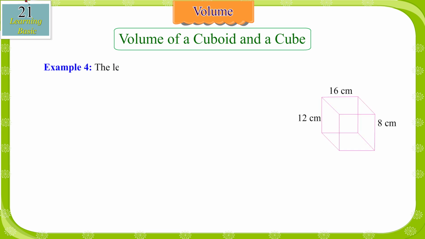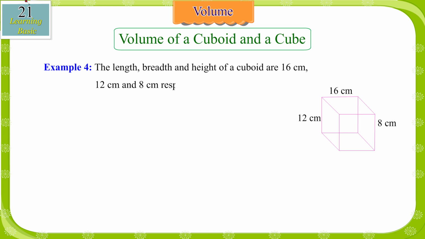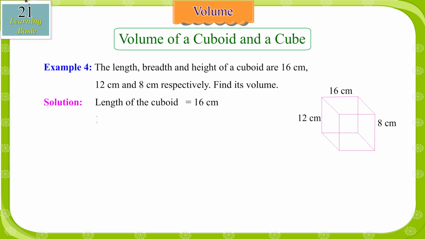Example 1. The length, breadth and height of a cuboid are 16 cm, 12 cm and 8 cm respectively. Find its volume. Solution. Length of the cuboid is equal to 16 cm. Breadth of the cuboid is equal to 12 cm. Height of the cuboid is equal to 8 cm.